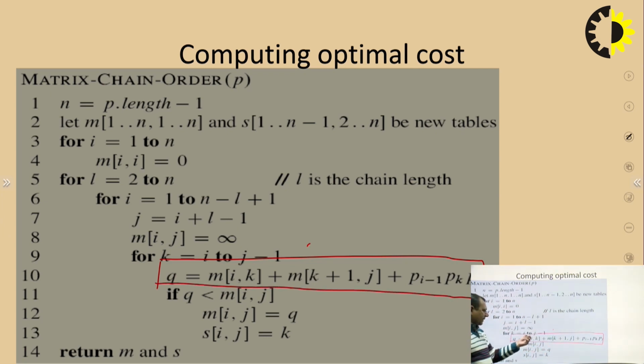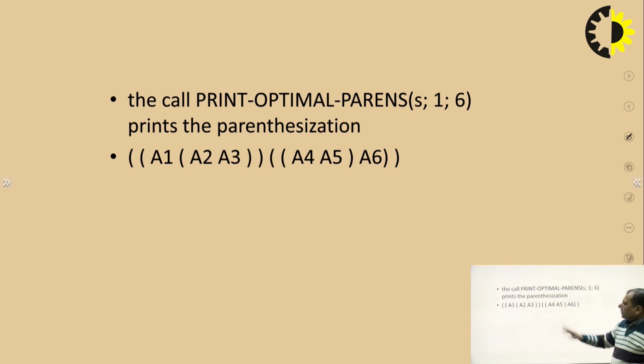Okay, so that we have to remember. And for which value of k we are using the value of q for m i j, we'll put the value of k in the S i j table. So finally we have the answer of the 6 matrices. After multiplying the 6 matrices, this is how we will fully parenthesize all the matrices. Okay, thank you.